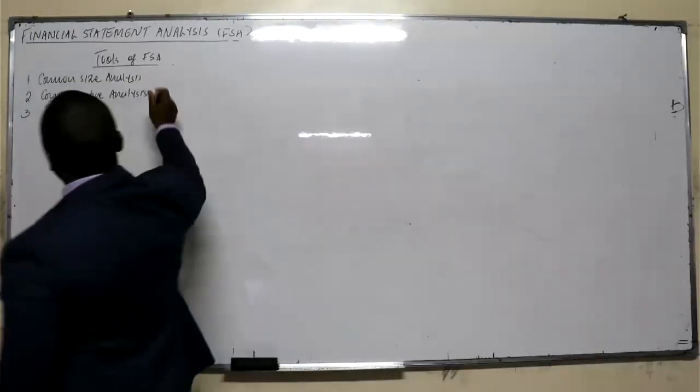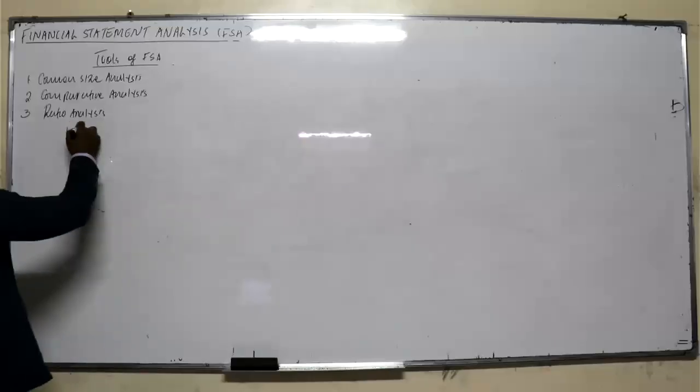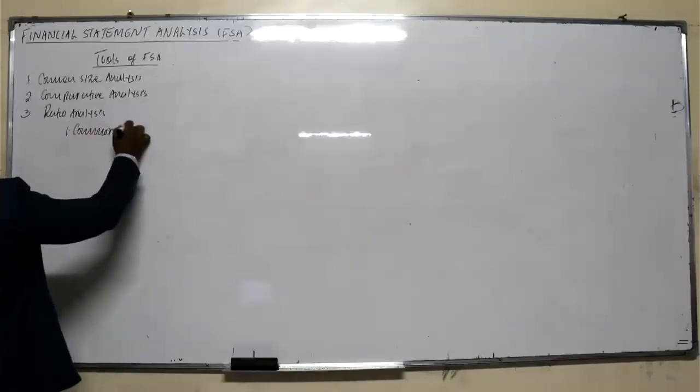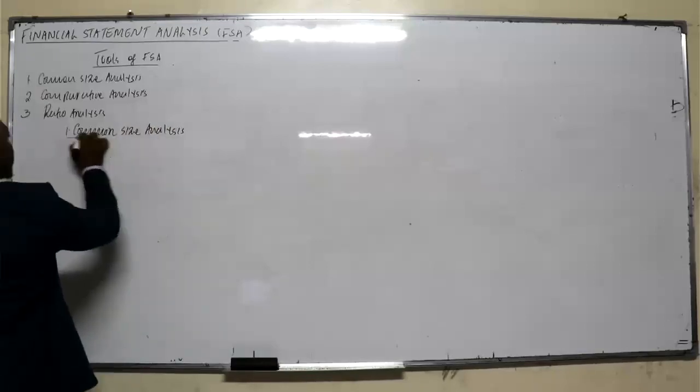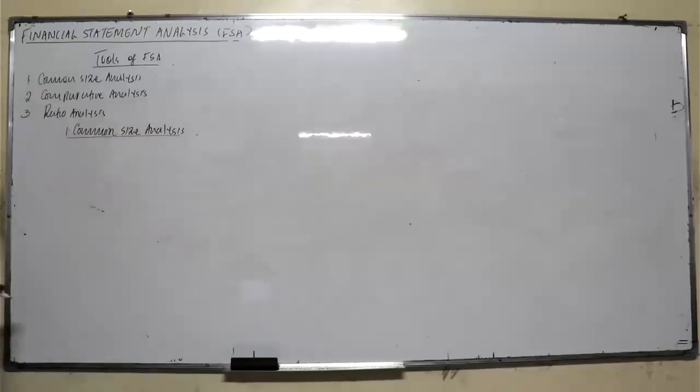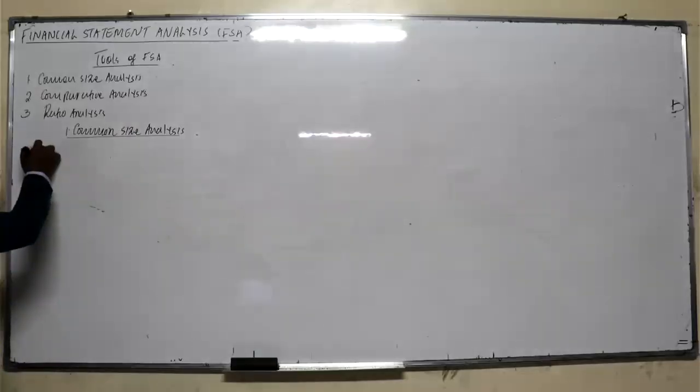Now, starting with the common size analysis. Common size analysis is a tool whereby you express the financial statement items into a base case, and it is classified into two.